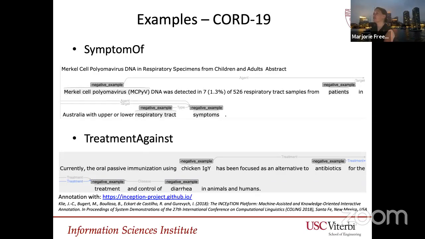So you should just ignore those negative examples, but you'll see annotation involves highlighting these strands of text. So Merkel cell polyomavirus as an agent of some relation. And this is a symptom of, kind of, that's not highlighted here, but that's the type of relation it is.